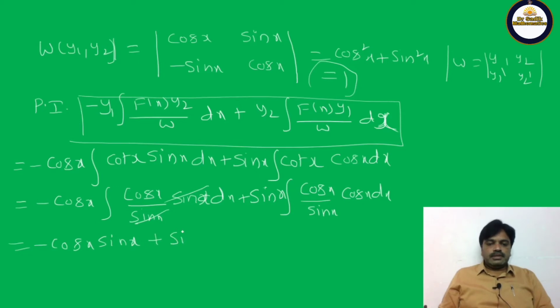Plus sin x into integral of cos square x by sin x. We have the formula cos square x is equal to 1 minus sin square x, so it can be written as 1 minus sin square x by sin x dx.